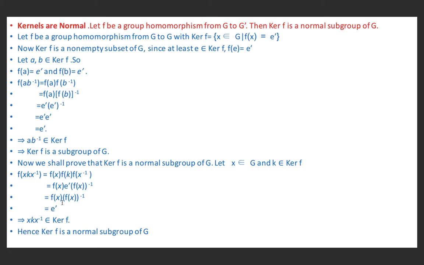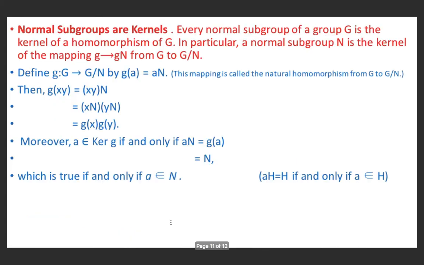This is equal to F of X times F of X inverse, which is E dash. It means X K X inverse belongs to the kernel of F, because the image of X K X inverse under F is E dash. Hence, the kernel of F is a normal subgroup of G.